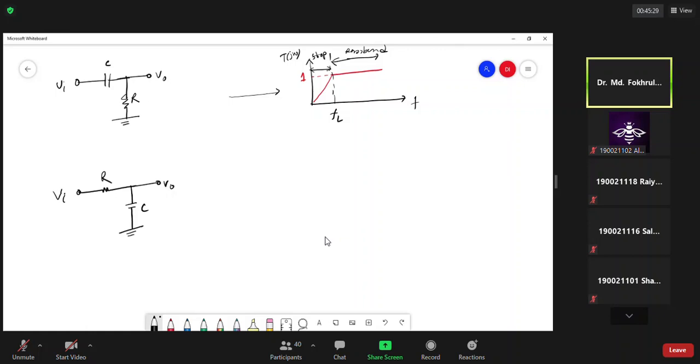And the corresponding low pass response T(j omega) is like this one, like a unity.